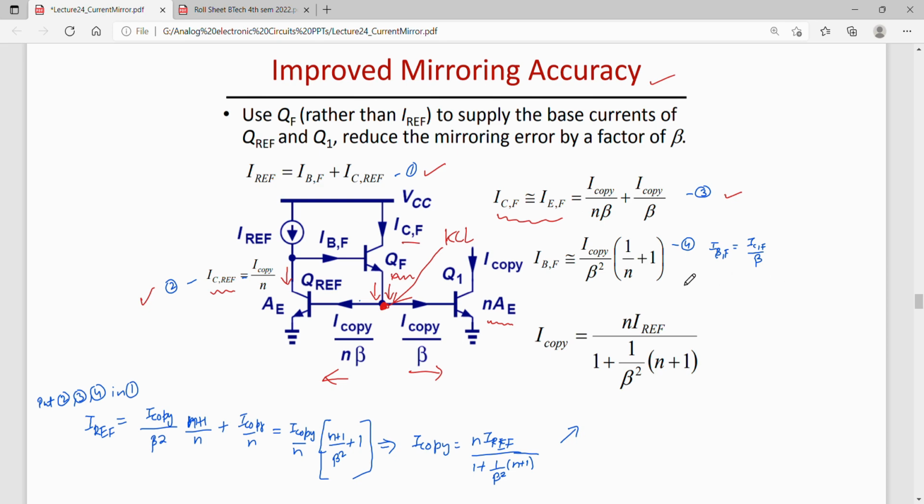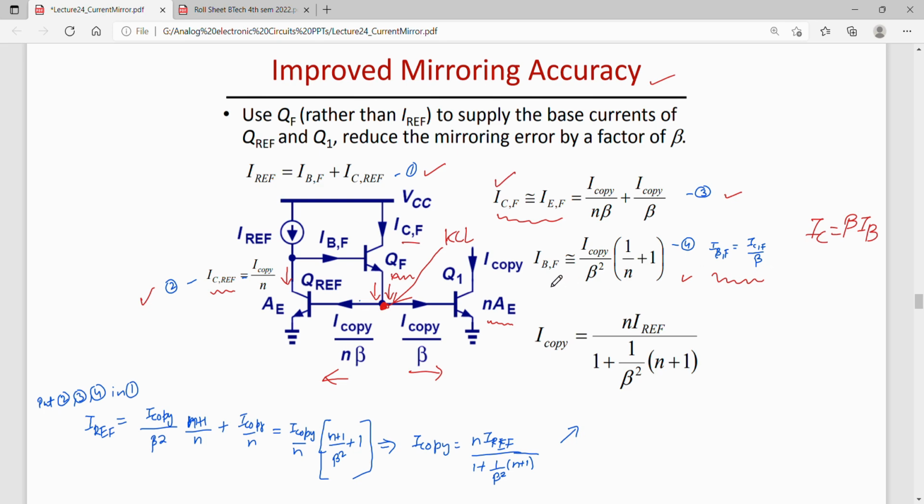Now the fourth equation I can write knowing that IC is beta IB, for this transistor F. So I can write IBF as ICF by beta. And ICF I have already found here.